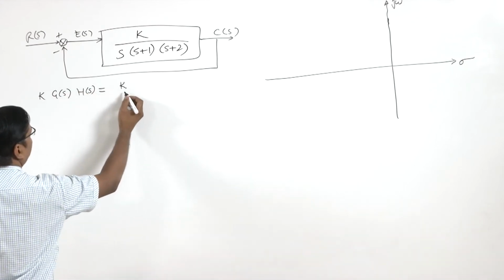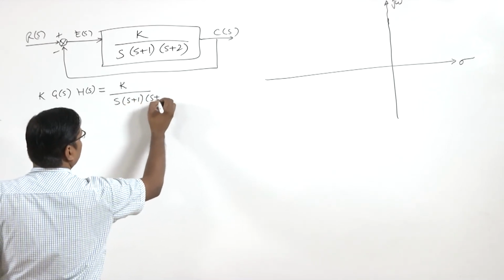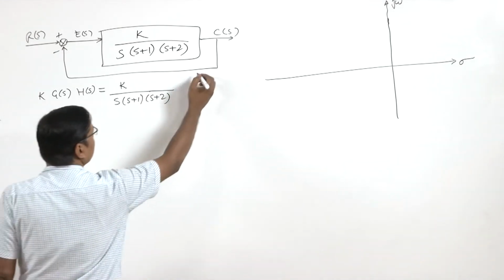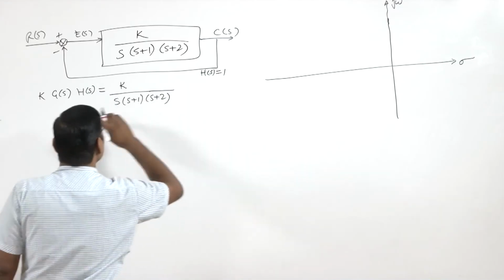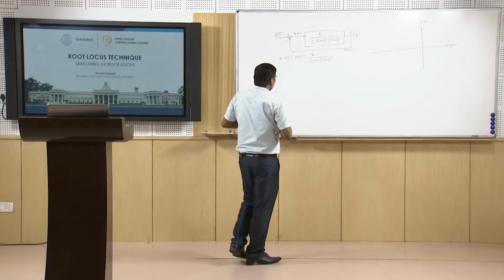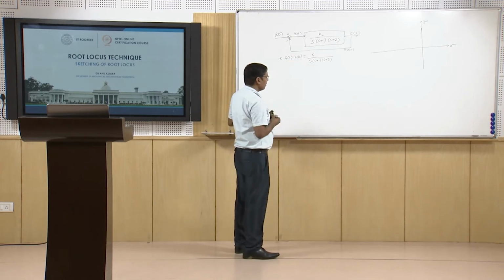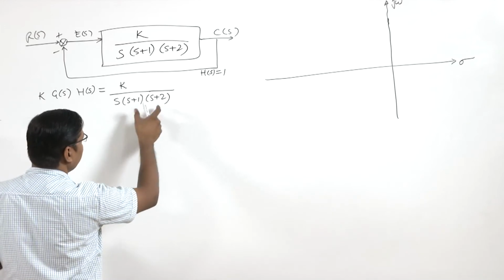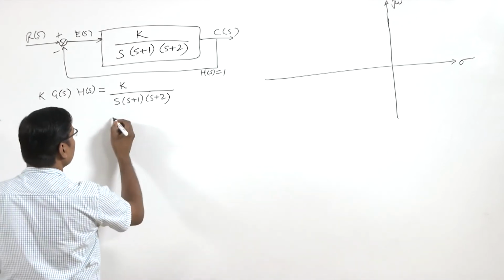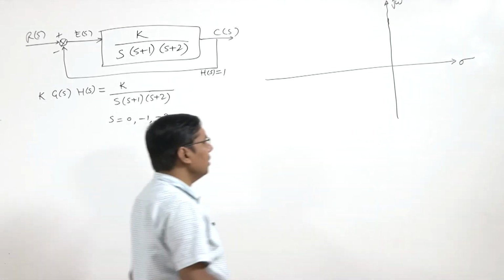We have K over s(s+1)(s+2), because H(s) is 1, so KG(s)H(s) is KG(s). This G(s)H(s) is called the open loop transfer function. The open loop transfer function has 3 poles, that is s equal to 0, -1 and -2. So we plot these here.